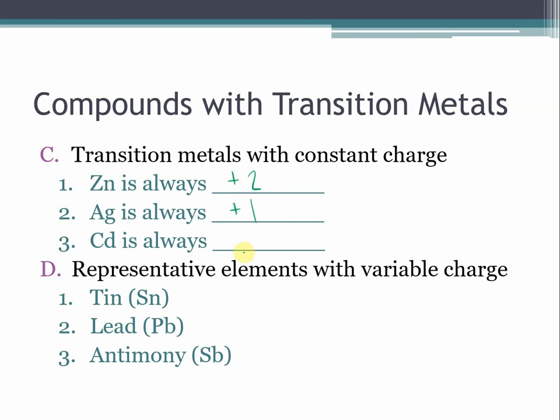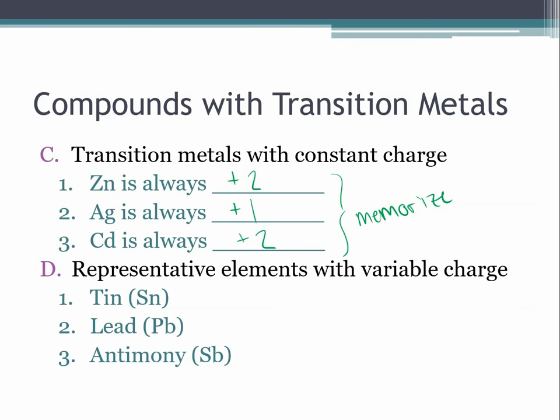Cadmium is a transition metal, but it always has a +2. Again, you're going to need to memorize these. They don't follow a pattern, so you won't be able to just use the group on the periodic table to know what they are. But since they don't have variable charges, you won't be given the charge in the form of a Roman numeral. You just have to know it.